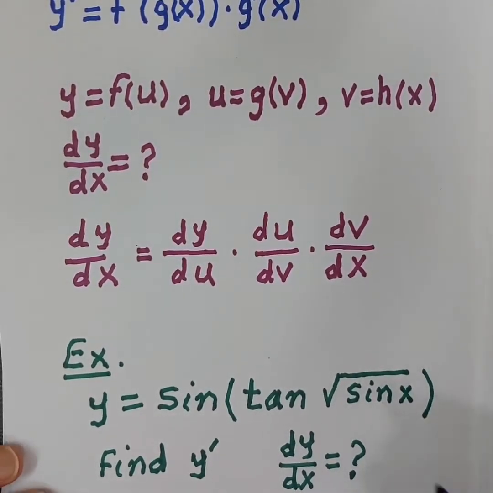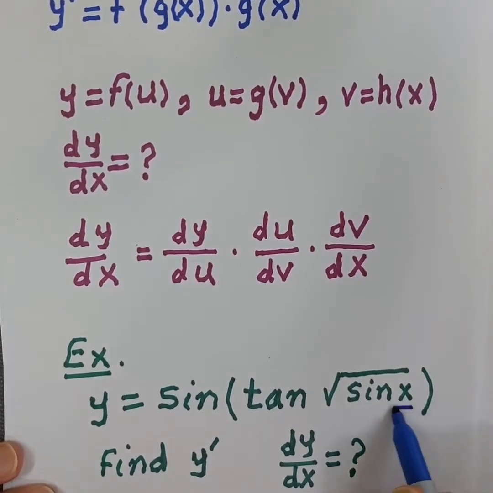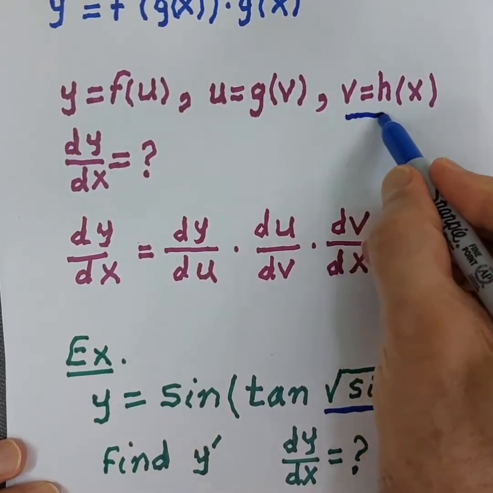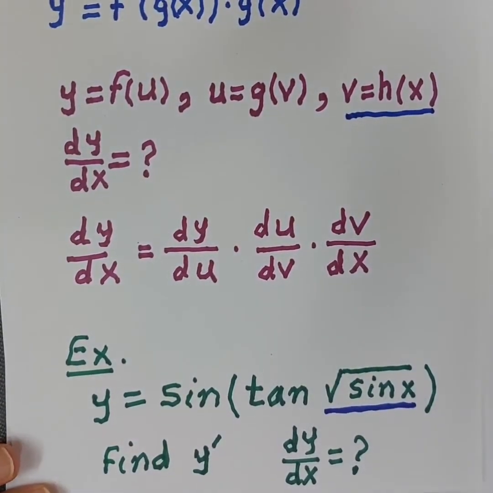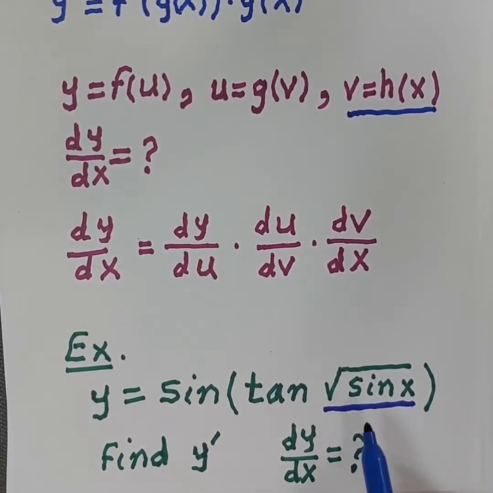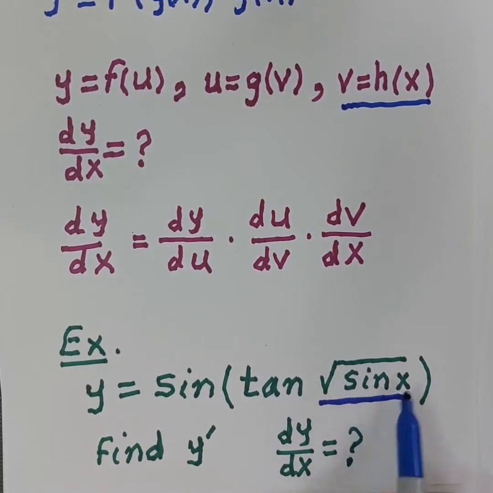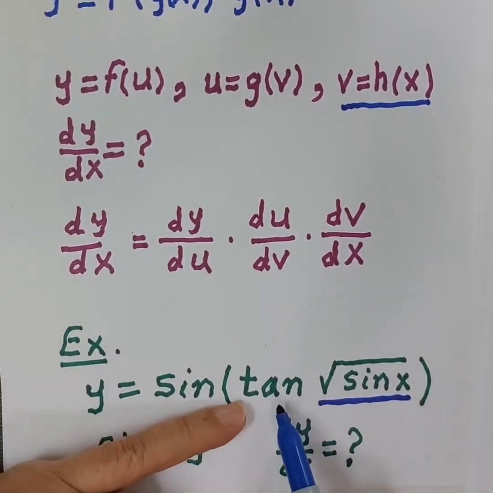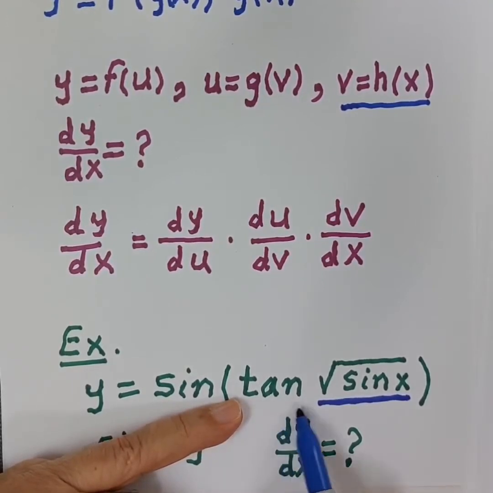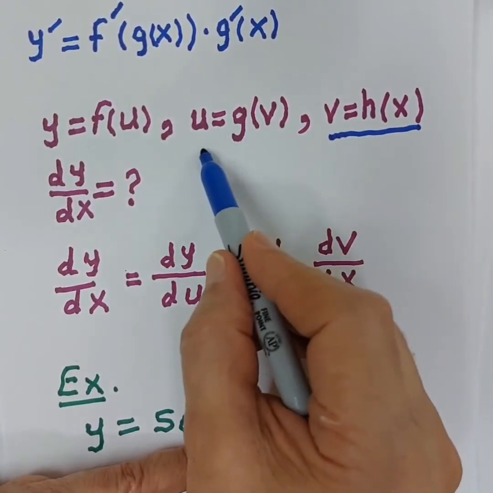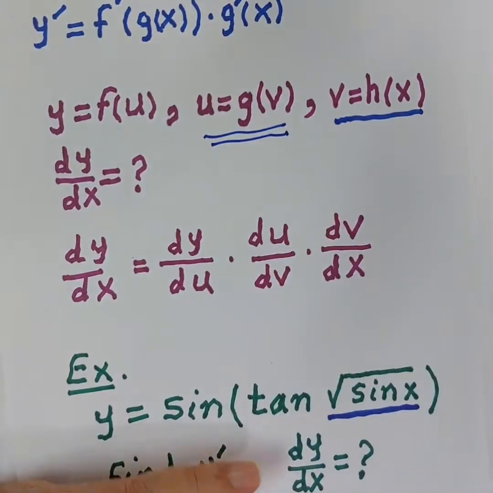We can start first by taking this as v, which is equal to h of x. So we can say this is v. After that, go to the second one. We consider tan v. Here is v. Tan v is u, equal to g of v.